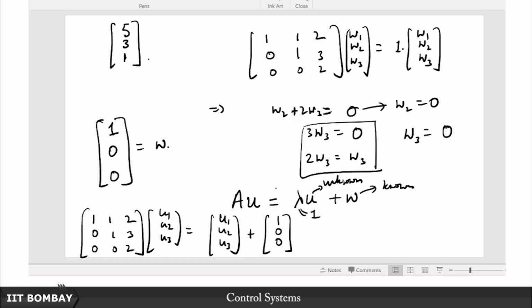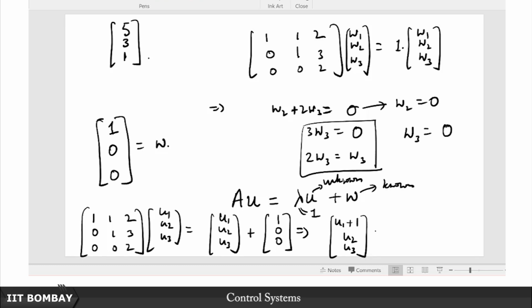So what is going to be my solution for this? On the right hand side I have U1 plus 1, U2, U3. On the left hand side of this expression I have U1 plus U2 plus 2U3, second one I have U2 plus 3U3, and third one I have just 2U3.